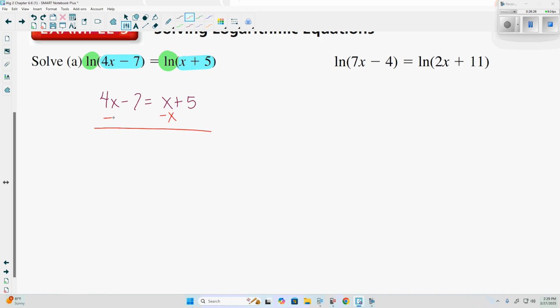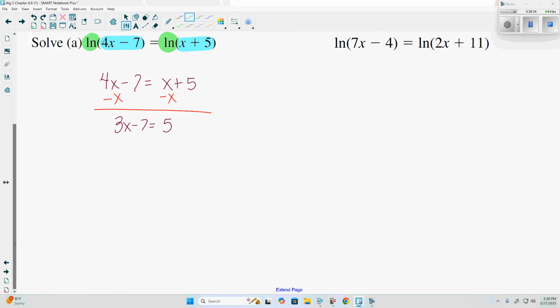We can subtract x from both sides, telling us that 3x minus 7 is equal to 5. Add 7 to both sides. 3x is equal to 12.